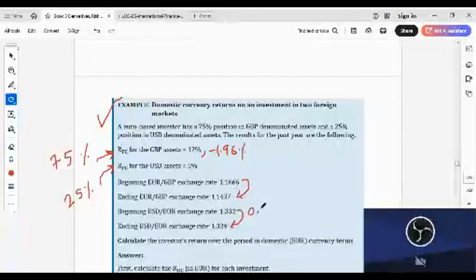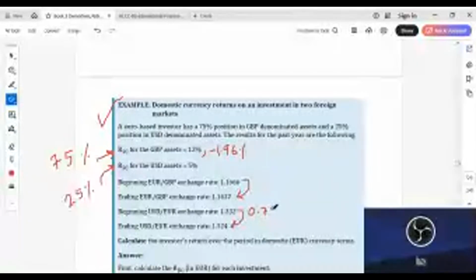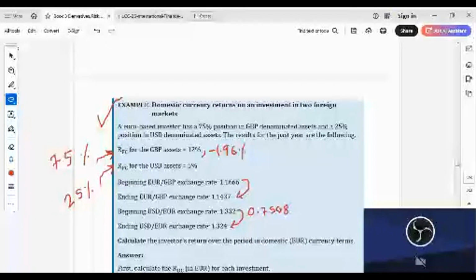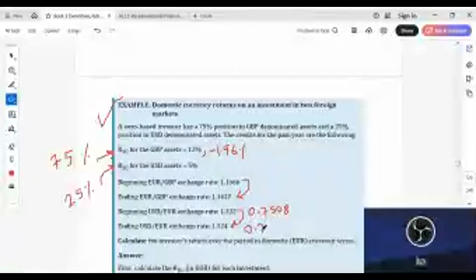This is 0.7. 0.75. 53. Okay. 0.73. So then calculate the change, percentage change in these values.